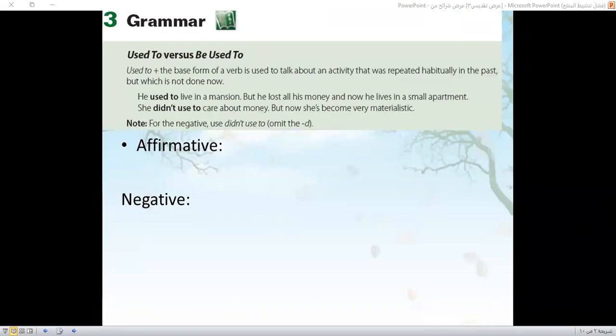Rags to riches. What do you think? Don't you remember the meaning? It's an expression that we used for what?